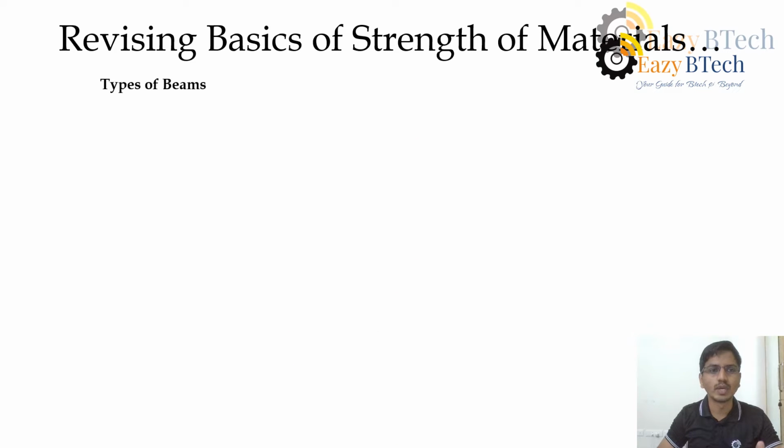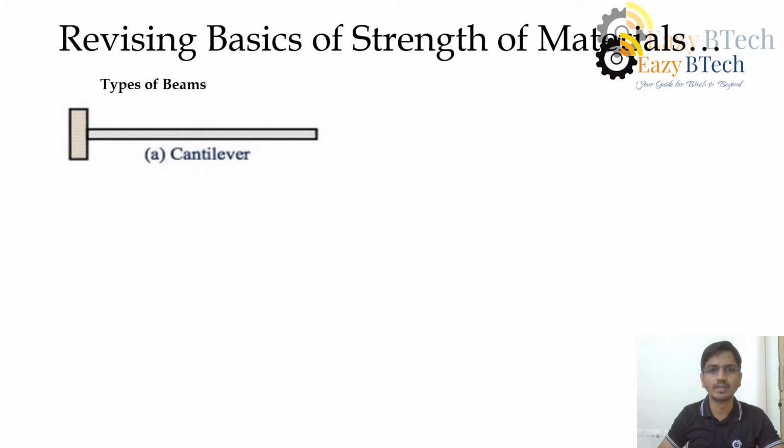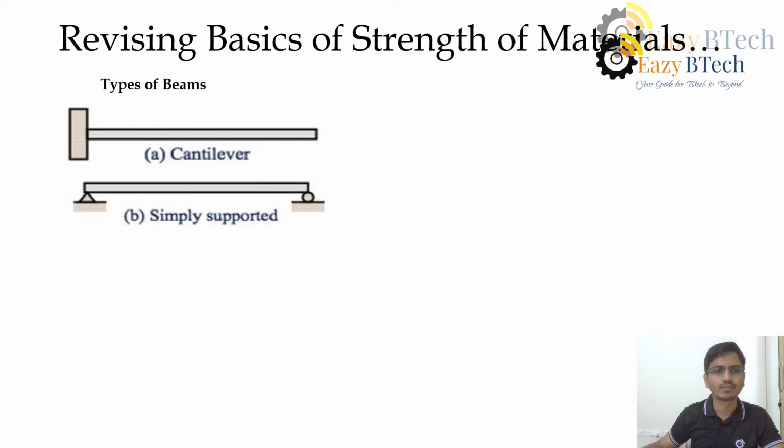After supports, you would have seen the different types of beams. First one is cantilever beam. Cantilever beam is one in which one end is fixed and another end is free.